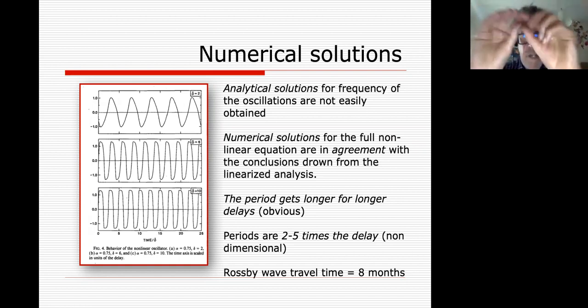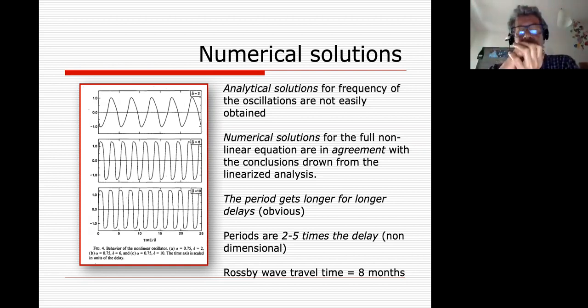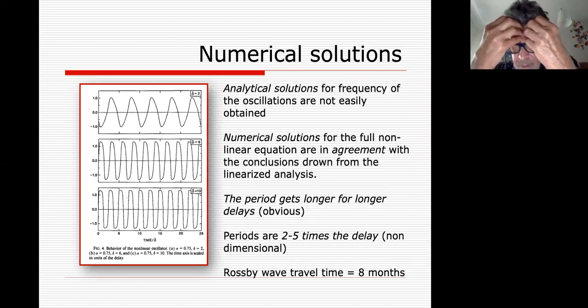This is quite a simple local description of a much more complex process. Having said that, the explanation of the period is quite in good agreement with reality.